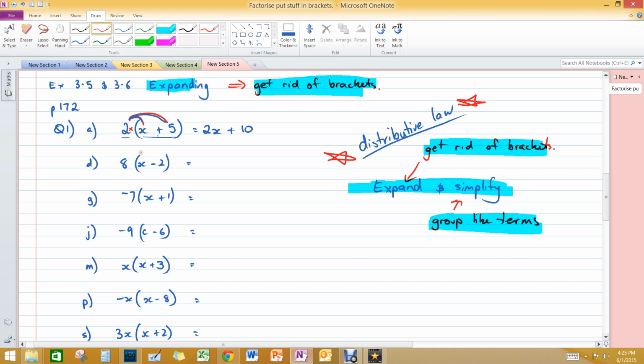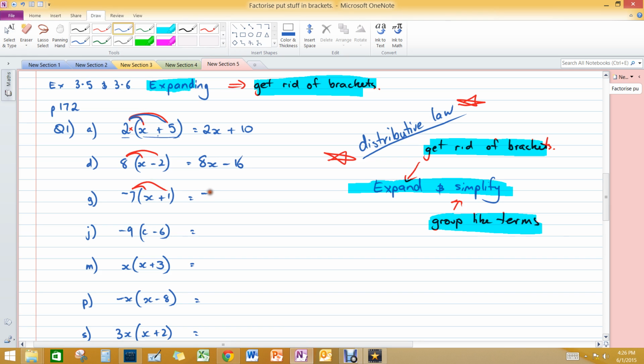So I'm just going to go through now and I'll do all of these and you can just watch along. So 8 times x is 8x. And then 8 times negative 2 is going to be negative 16. Alright? And that's as easy as it goes. So with all of these, I encourage you to write these distributive lines at the top, those red lines.